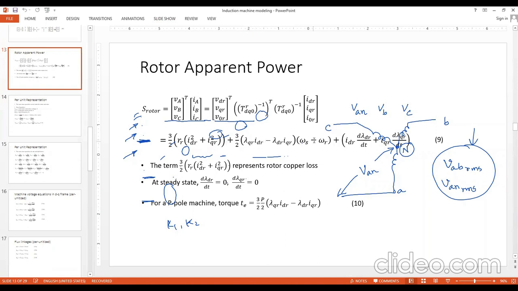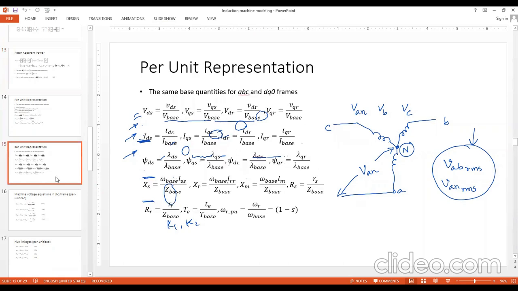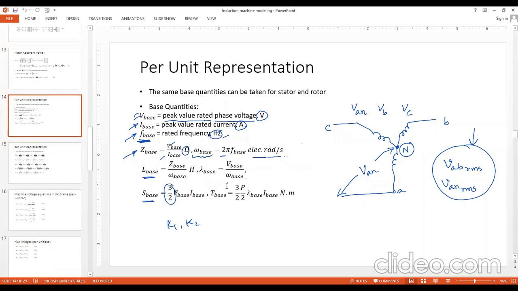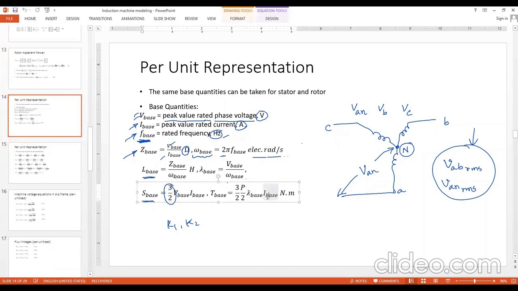And when you multiply torque by the angular speed, then you will get the power, electrical power. So lambda I is basically the unit for the base torque. So if the lambda base, I base, the unit for torque is Newton meter, and this 3/2 comes again because of the presence of 3/2 in the torque expression, and P/2 comes because of the variation in the number of poles of machines from one to the other.